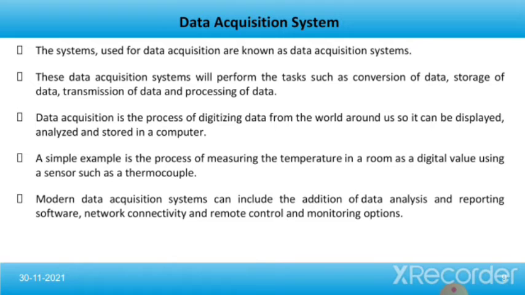A simple example is measuring the temperature in a room as a digital value using a sensor such as a thermocouple. Modern data acquisition systems can include data analysis and reporting software, network connectivity, and remote control and monitoring options.